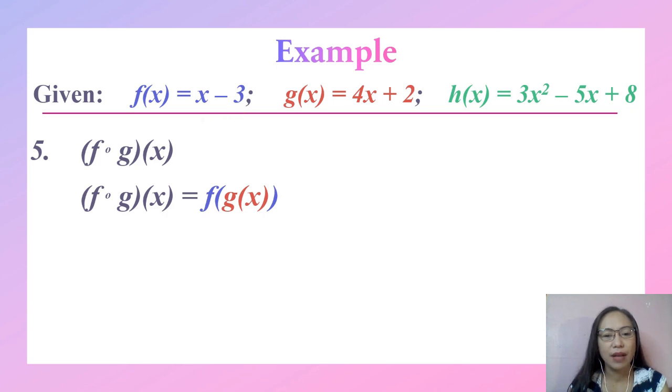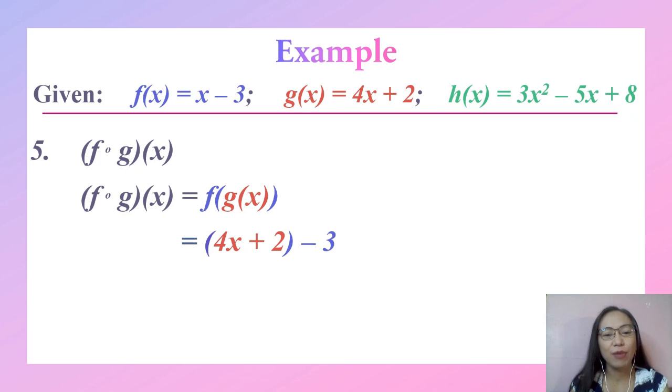Now f of g of x means we have to substitute 4x plus 2, which is g of x, to the x here in f of x. So it will turn out that this one becomes your x here. So we now have this as the x part in f of x, and then you have here negative 3. This means that we substituted g of x in the x variable in this f of x.